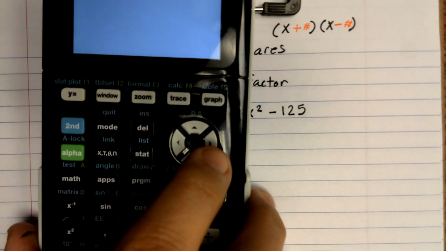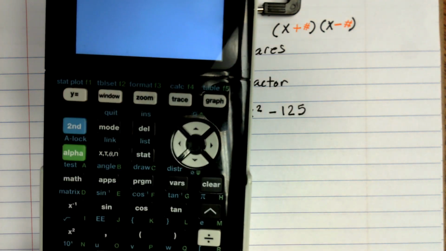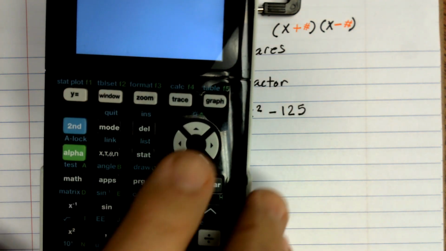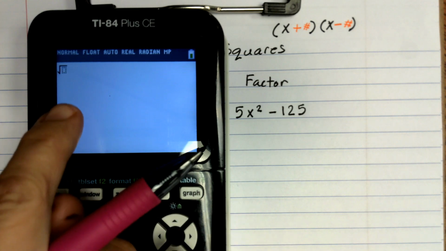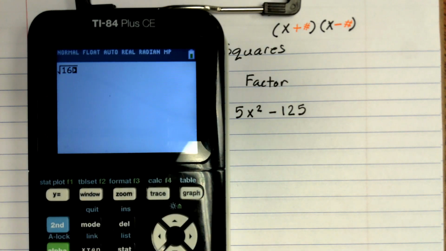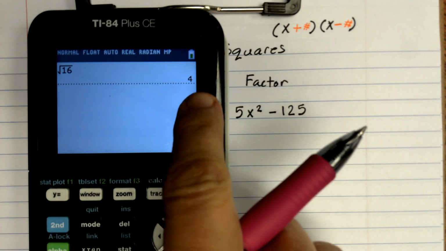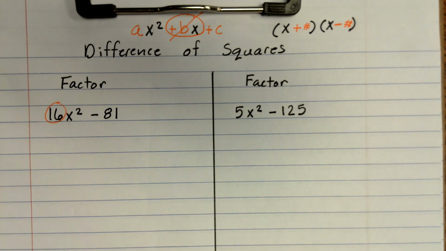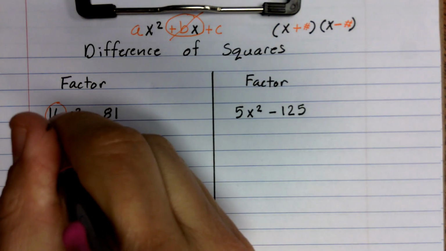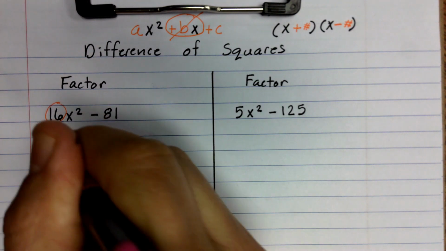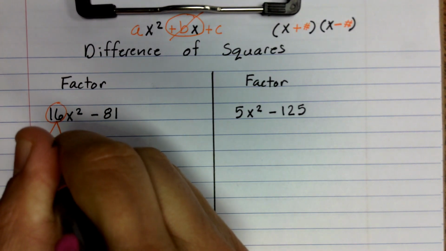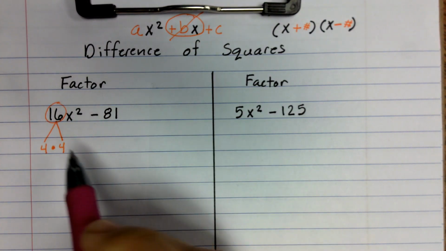I hit my second button and the x squared button, which gives me a radical symbol, and I type 16 inside of it. Once I hit enter, if it's a perfect square, it's going to give me an integer, a whole number. It tells me it's 4, and that tells me that 4 times 4 gives me 16. So I'm going to draw some arrows from here.